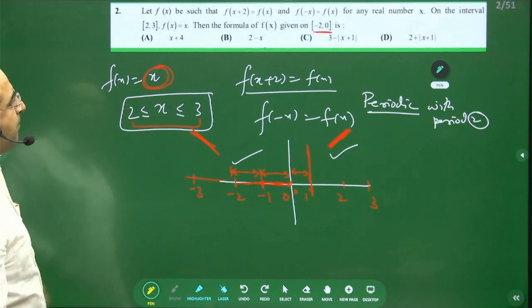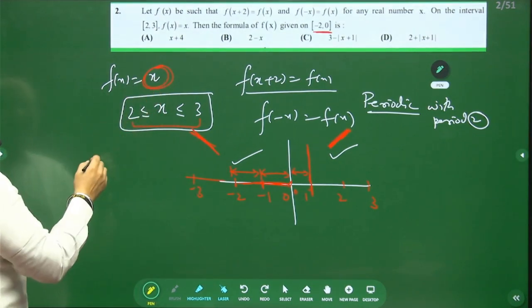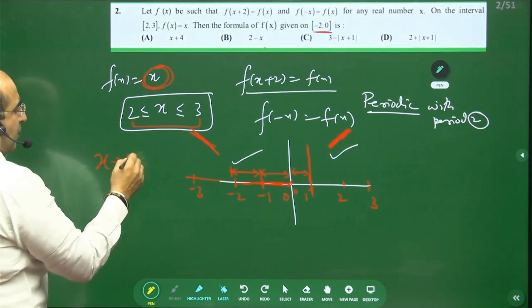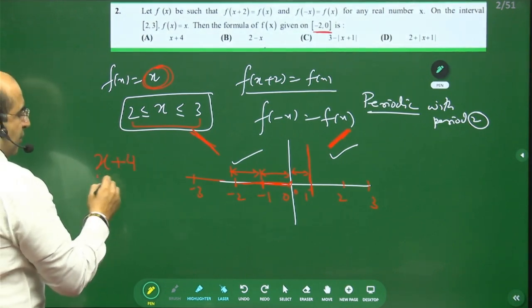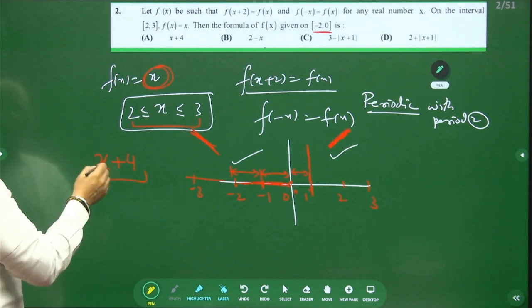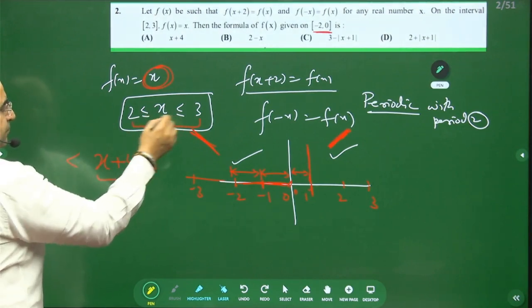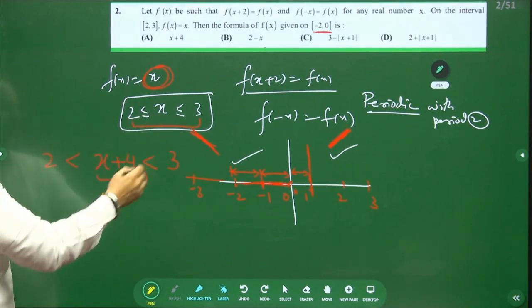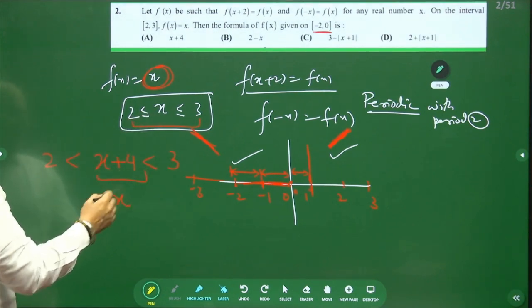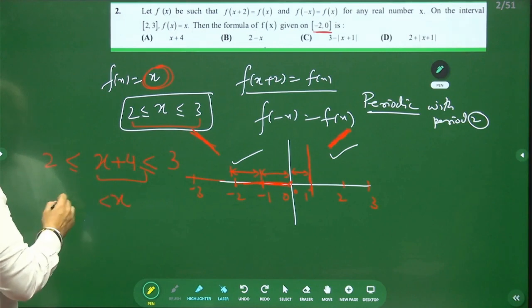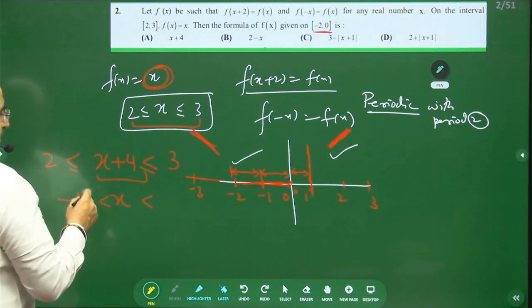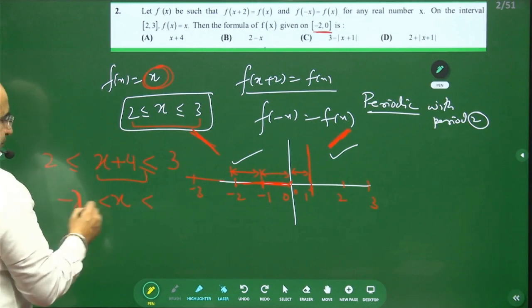So my concern is that I should take, instead of x, some number like x plus 4, which should give me, if I subtract minus 4 from both sides, minus 1 to minus 2 to minus 1.